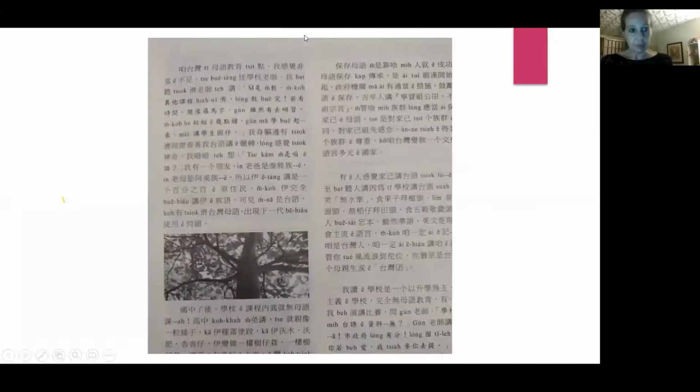one aspect, yeah, this is an example of the mixture, as we can see, with characters and Romanization. And it's within this Romanization that we have the Romanization used by the Presbyterian Church, which is still an example of this writing.